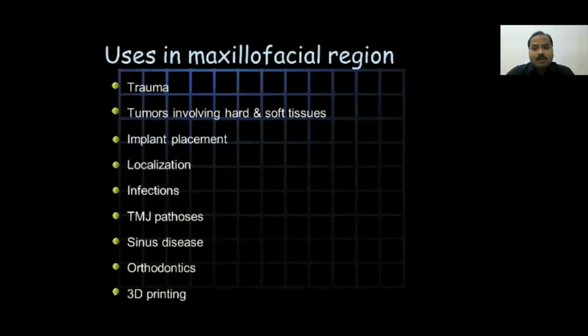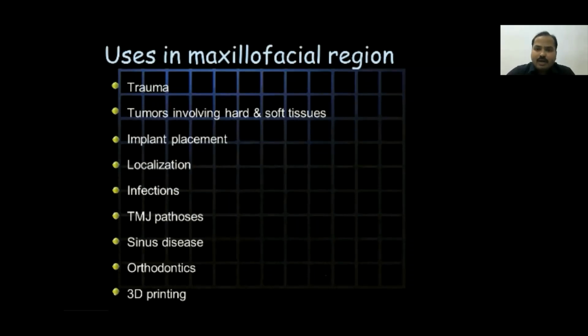Then localization of various structures or foreign objects, infections and their extent, TMJ pathologies, then sinus diseases can also be very easily determined by the use of CBCT technology. Then in cases of orthodontics, where we need the various views for orthodontic purposes, can also be taken by the CBCT machines.